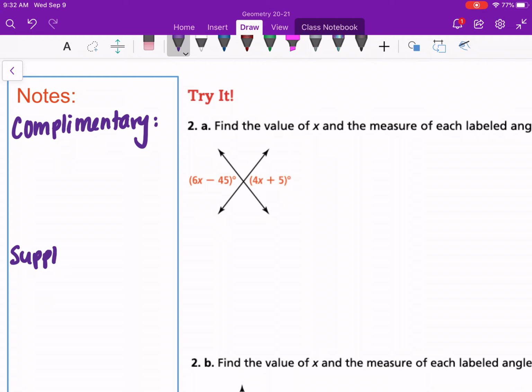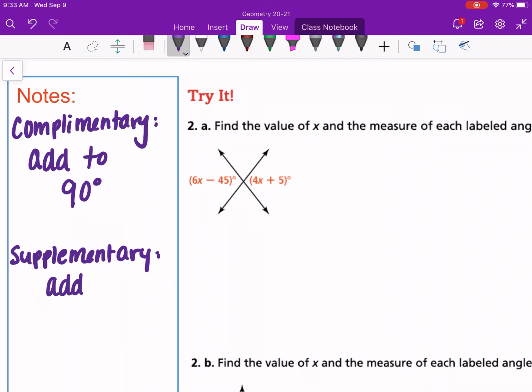I'm going to leave a little space in the middle. So, complementary and supplementary. Remember, I gave you my little devices to help you remember. Complementary angles add to 90 degrees. Supplementary angles add to 180 degrees.